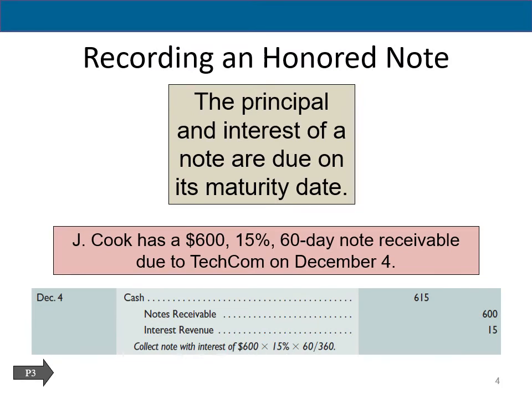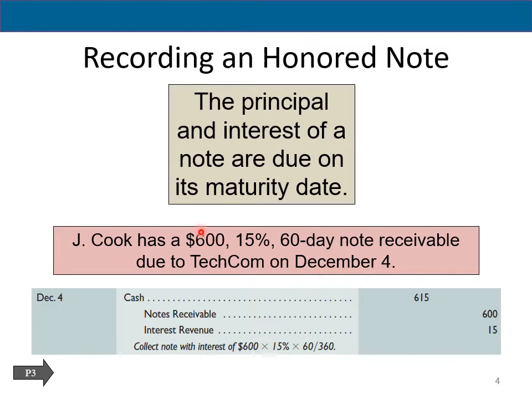When a note matures, two things can happen. What you hope happens is the note is honored, which means that the maker, the person obligated to pay, does in fact pay. And here we have J. Cook, $600, 15% 60-day note due on December 4th.